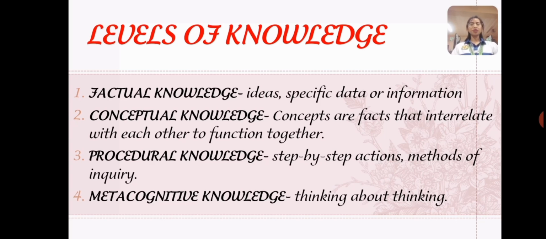Next one is the procedural knowledge. This level talks about how things work or a step-by-step action or methods of inquiry. For example, a learner that knows about a heart, its functions, and what it does to the body, plus he knows how the heart functions, the step-by-step procedures of the heart pumping blood.